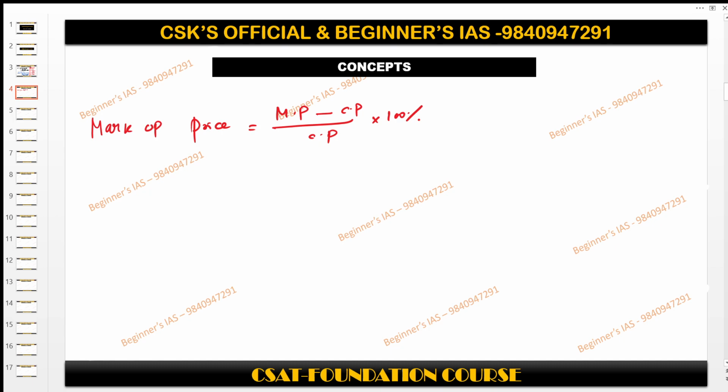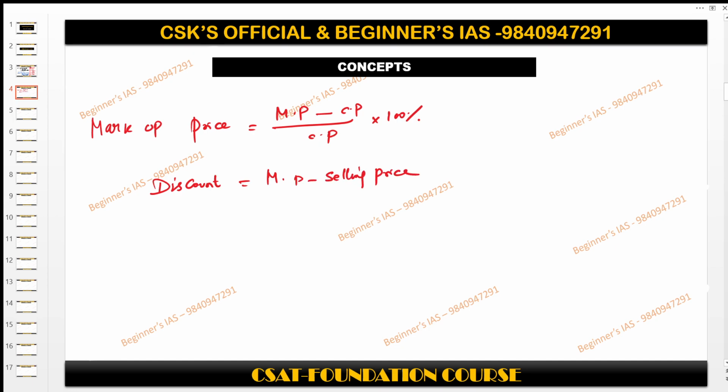Or else, let me give you another one. Suppose you are giving a discount. So what do you mean by discount? A discount is equal to marked price minus selling price.